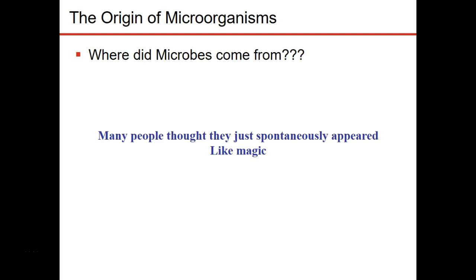There's a theory called the cell theory that states cells are the basic unit of life, and only cells can produce new cells. So life comes from life. But back then, the theory that most individuals believed was called the theory of spontaneous generation.